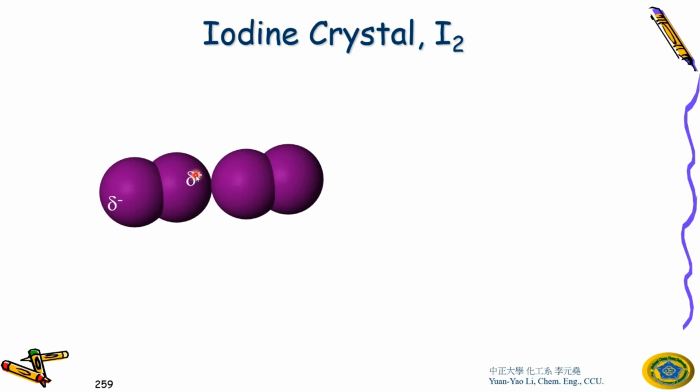Because the iodine size is very large, you have, for example, a negative charge here and a positive charge here, and this will induce a dipole in the neighbor. This is an example of two molecules. If we have one more iodine molecule, you will become a solid, a bulk material.